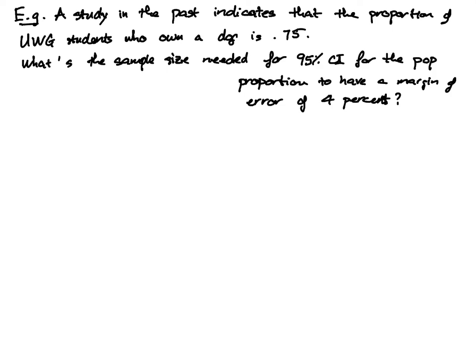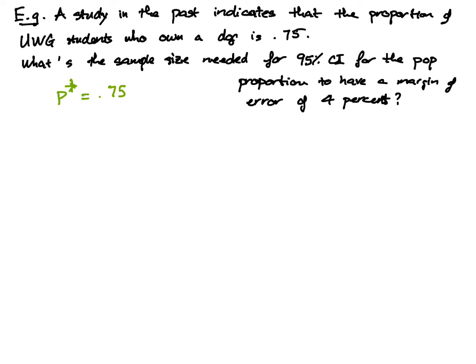So now let's specify what we know. We have a study in the past, so this is like a comparable study that gives us a p star of 0.75.